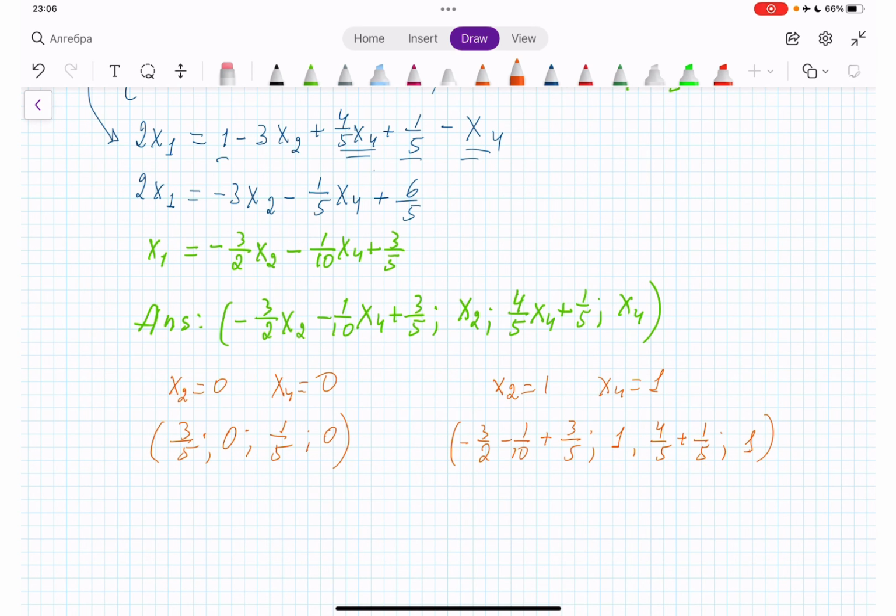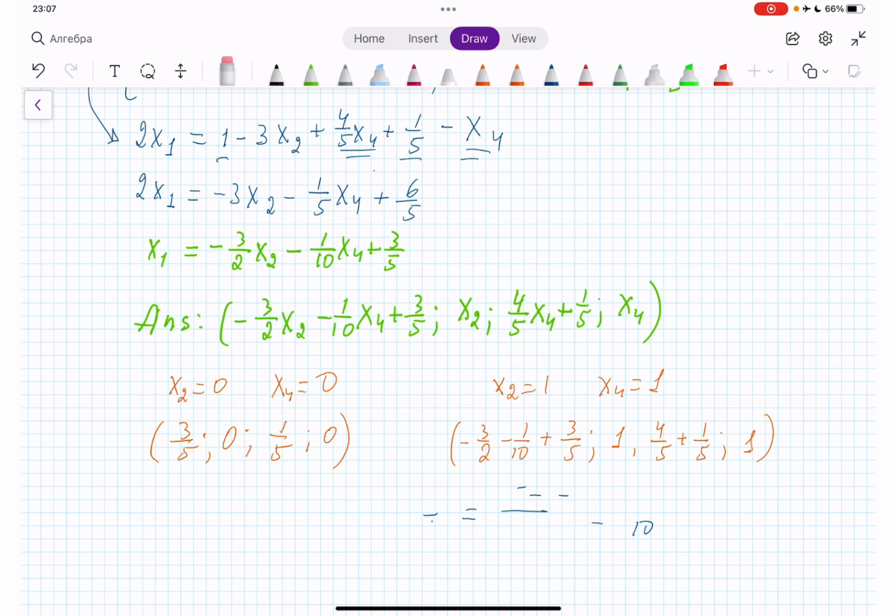So if we do this math, let's see. Well, I need to bring it to a common denominator. Let me do it separately here, as a draft. Negative 3 over 2 minus 1/10 plus 3/5. The denominator is 10, which means here we multiply by 5, here by 2, and we get negative 15 minus 1 plus 6. So negative 16 plus 6 is going to be negative 10 over 10, which is negative 1.